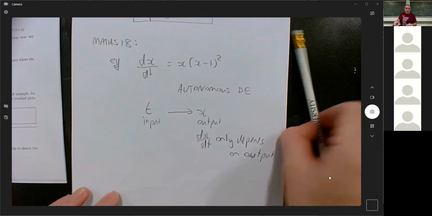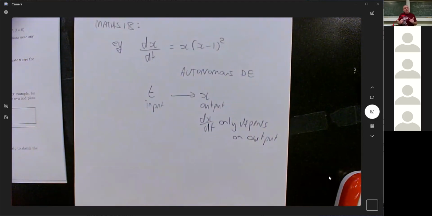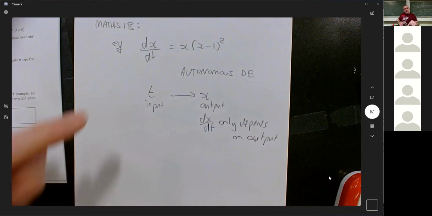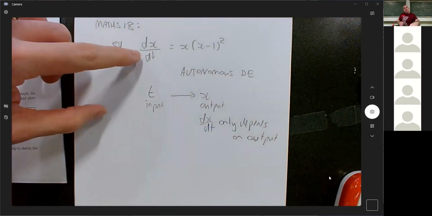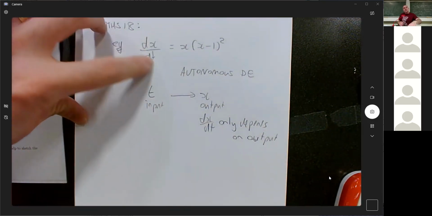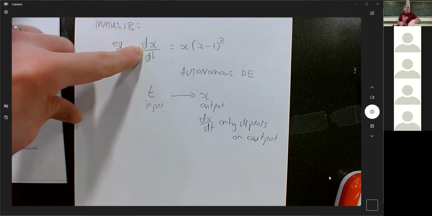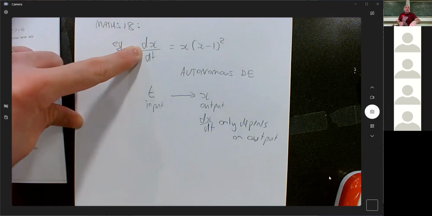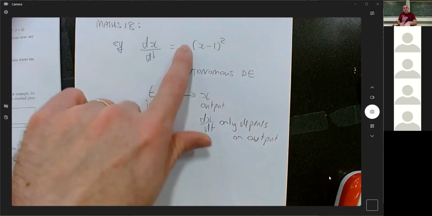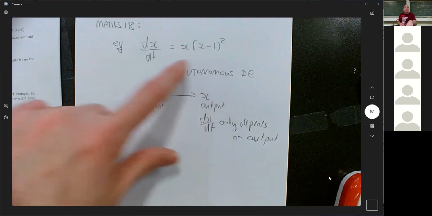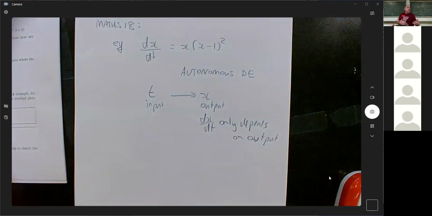Okay. So back in Maths 1B, what we did, I'm going to change it slightly. What we did is we thought, well, this is the derivative with respect to t, so the critical points on the graph will happen when the derivative is 0, and that's still going to happen when the derivative is 0, but this time I can only make the derivative 0 by changing what x is rather than by changing what t is compared to what we used to do.